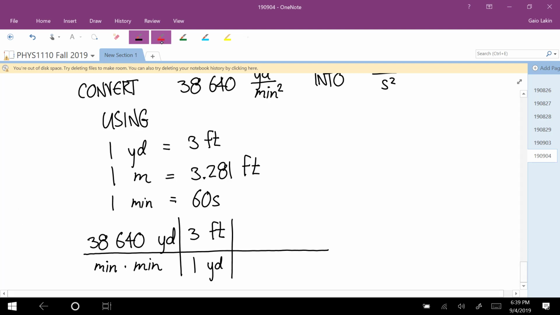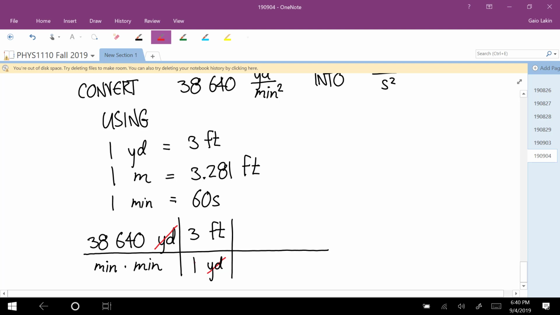For now, I'm going to just do the cancellations as they come up. So this yard cancels this one. And so now the feet are the units of length that we would have if we multiplied it out.